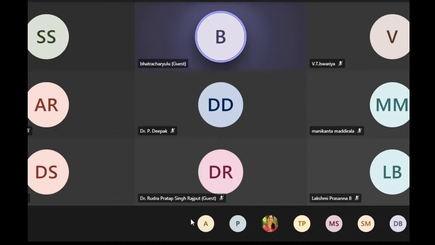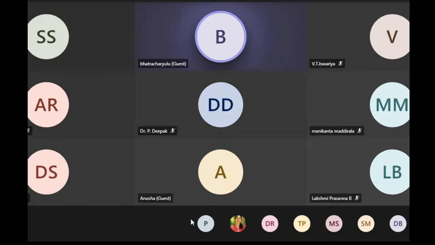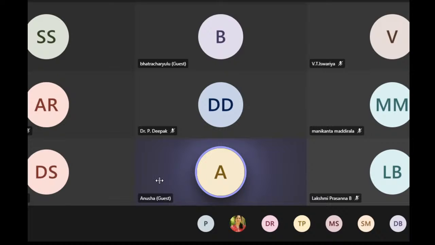Share the screen. Is it working now? Sir, is it visible? No, you are not shared, I think. Share.